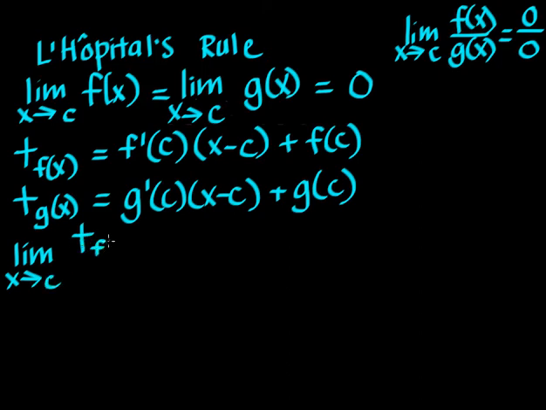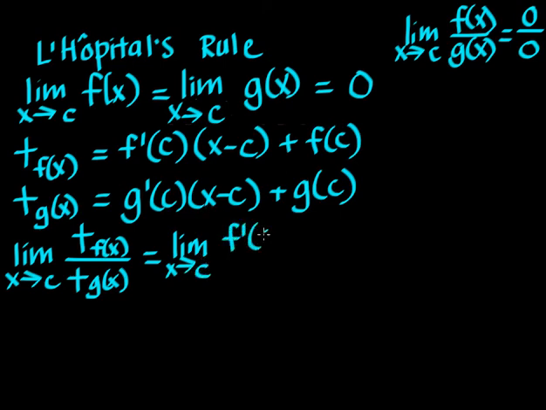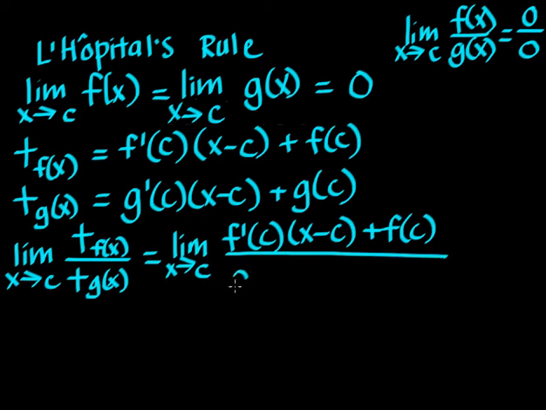Our tangent of f of x divided by tangent of g of x equals the limit as x approaches c of the derivative of f at c multiplied by x minus c plus f of c, over the derivative of g at c multiplied by x minus c plus g of c.